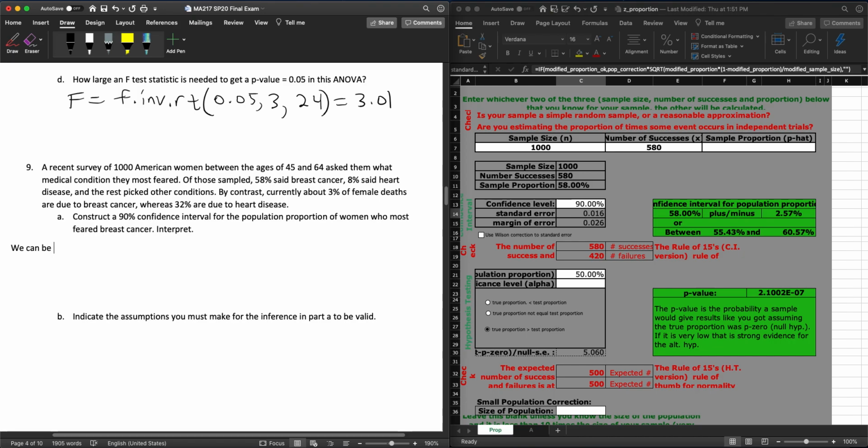We can be 90% confident that the interval 0.554, rounded to 3 decimal places, to 0.606 contains the population proportion of women who most fear breast cancer.